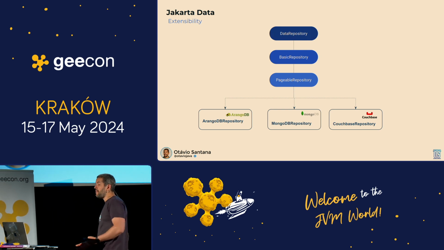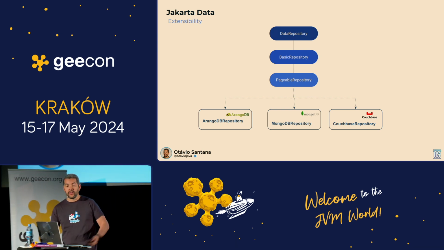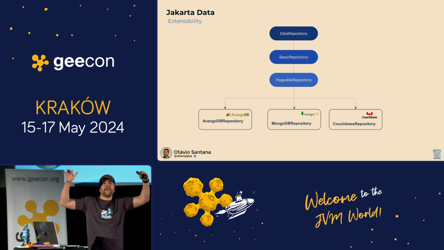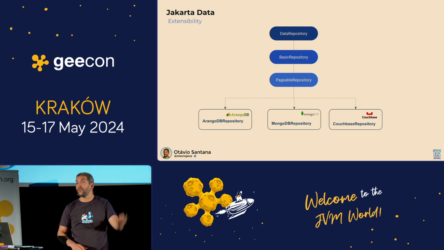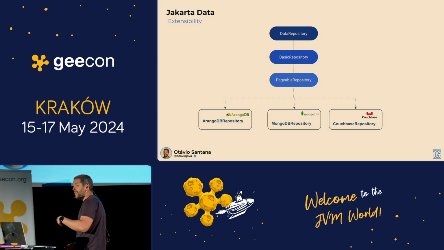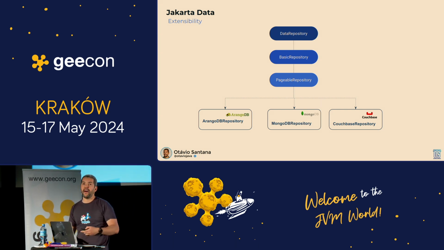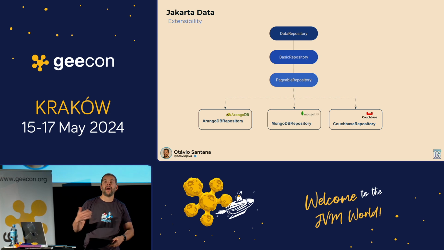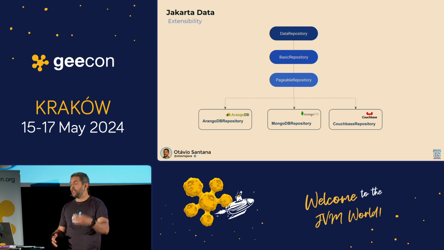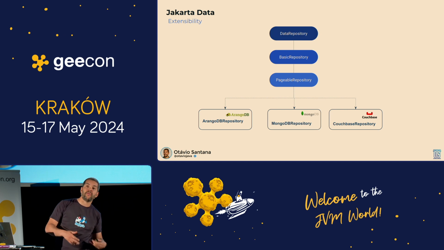Take here, for example, the data repository. It is the father, like the object for repository. Then I have the basic repository to handle basic operations like save, find by ID, delete by ID, and so on. And finally, I have my pageable repository and my CRUD repository.